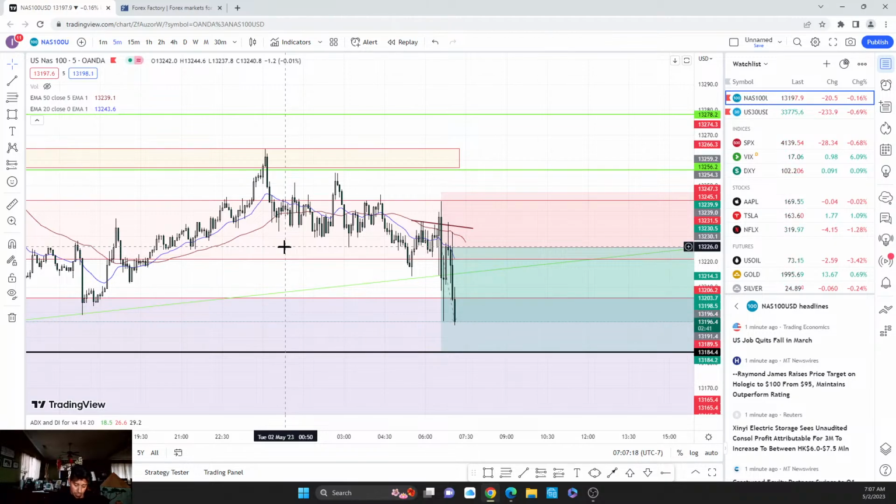If it doesn't break this, then we know there's a good chance that price continues up, so try to get these sellers out of here. Still not breaking. We'll see what's what.